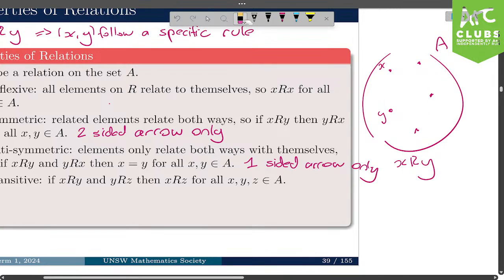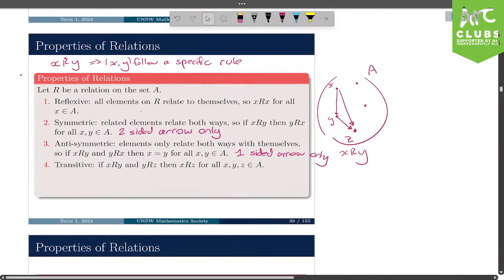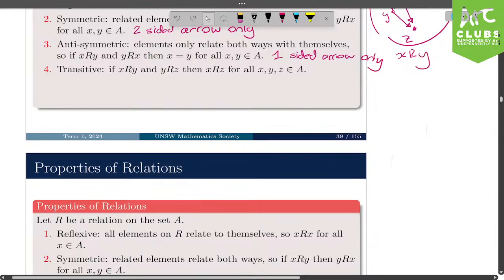It would mean that if you have x pointing to y and y pointing to z, then x points to z. I should make it clear: this is x, this is y, and this is z. So that's basically what it means to be transitive.